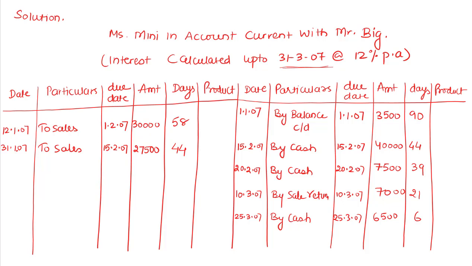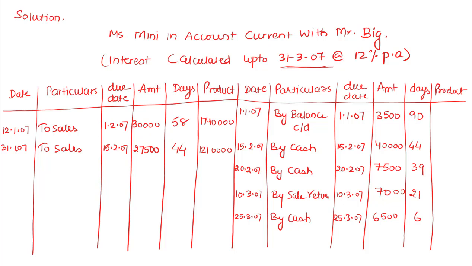Now we need to do the product. 58 multiplied by 30,000, 17,40,000. 2,75,000, 27,500 multiplied by 44 is 121,000.